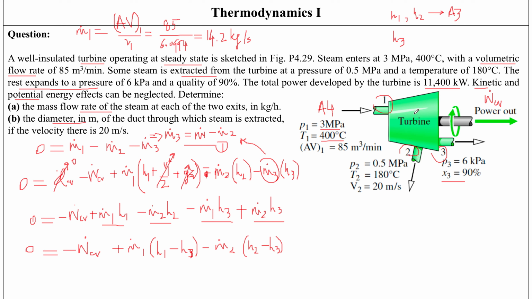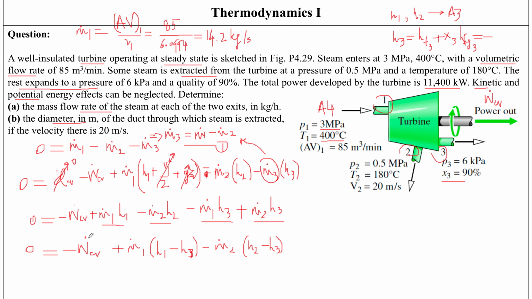So for mixtures, you have to apply the equation h3 is equal to hf at 3, so you find this out from the table, plus x3, which is quality, 90%, 0.90, into hfg at 3, and this is something you find from the table as well. Okay. So you find out the values for h1, h2, and h3 from the tables.